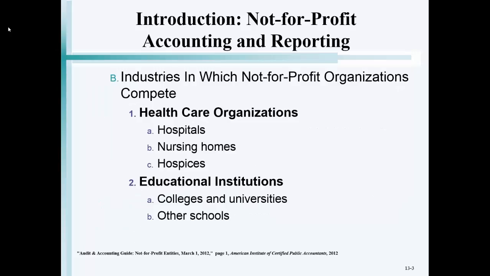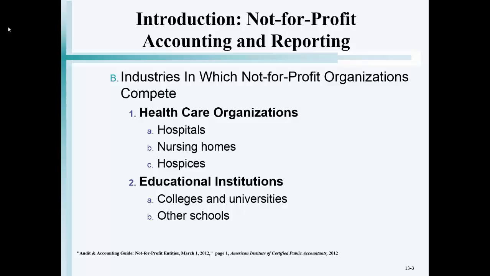Now, there are different categories of not-for-profits. You can have healthcare organizations such as hospitals and nursing homes, and educational institutions such as colleges and universities. We talked about, for example, Golden Gate University and Stanford, obviously a big not-for-profit organization.